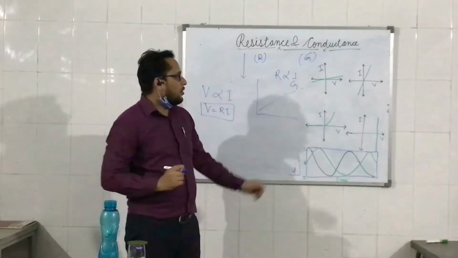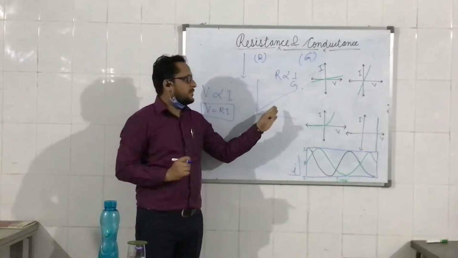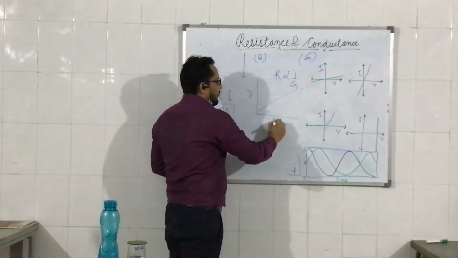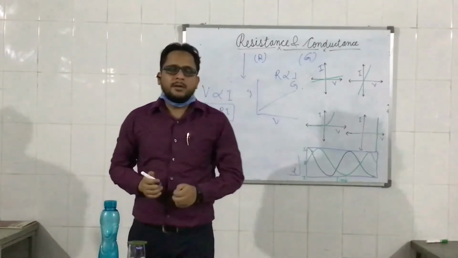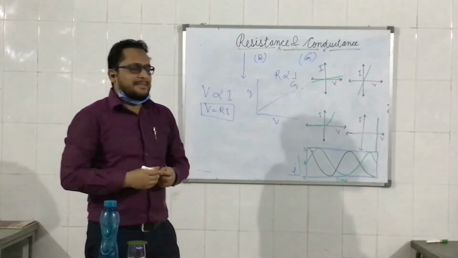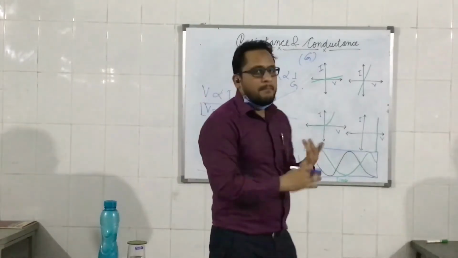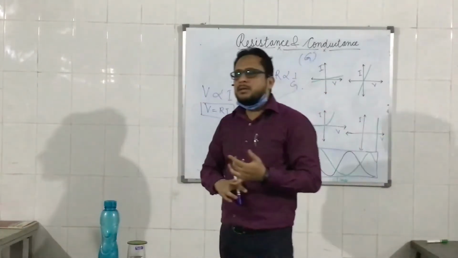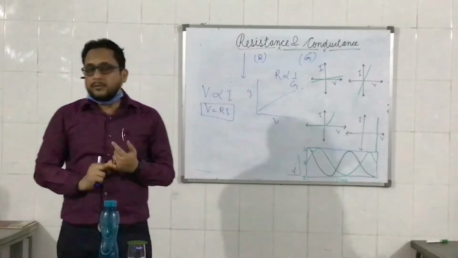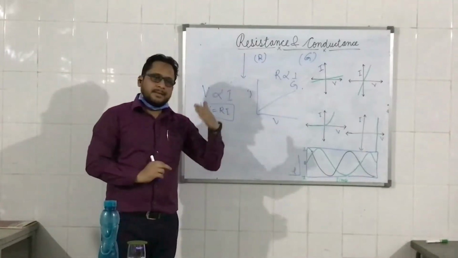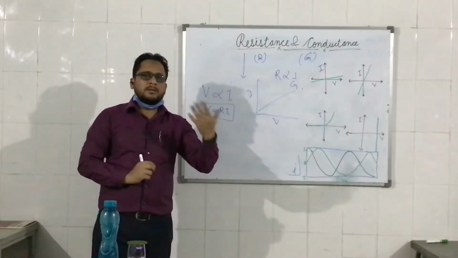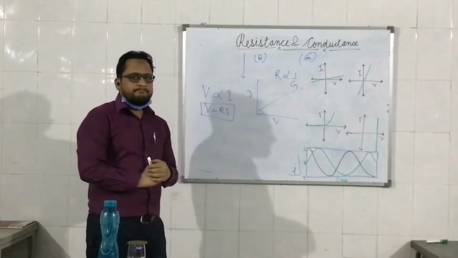But not all circuits follow Ohm's law. There are certain examples like a battery or a diode which do not follow Ohm's law, meaning current and voltage are not proportional to each other.